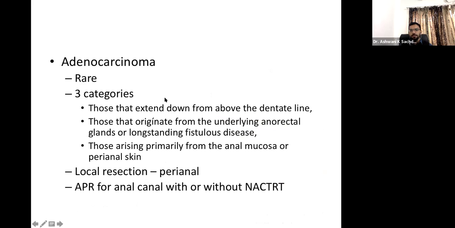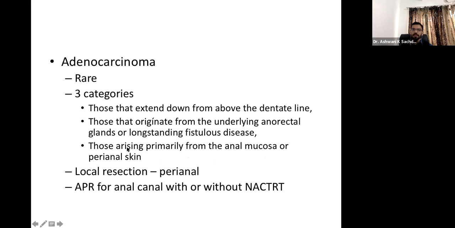So adenocarcinoma is rare. It can be categorized into three categories: those which extend from above the dentate line, which are practically rectal cancers; those that originate from the underlying anorectal glands, or from long-standing fistulous disease; and those which primarily arise from the anal mucosa or perianal skin.